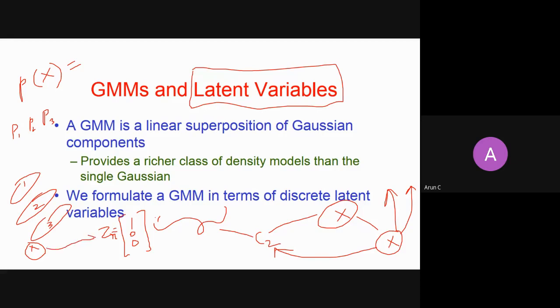Or this Zn may be 010, if I feel that it is coming from cluster 2. And if somebody thinks that this X comes from cluster 3, then my latent assignment will be 001. So this latent variable captures the idea of belongingness of that X to that particular cluster.